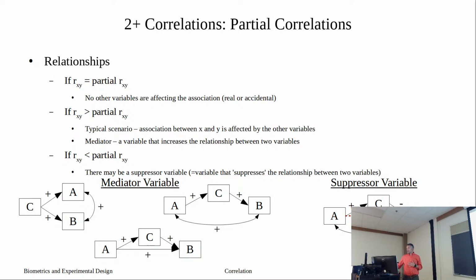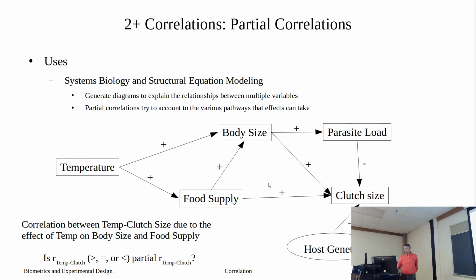But when we do the partial correlation, we actually see some relationship because we've removed this guy's effect. Who knows? I think the suppressor variable is an uncommon event, but it's something that you should be aware of. Now, are we going to get into doing partial correlations? No, we're not, but this is something that you could use.